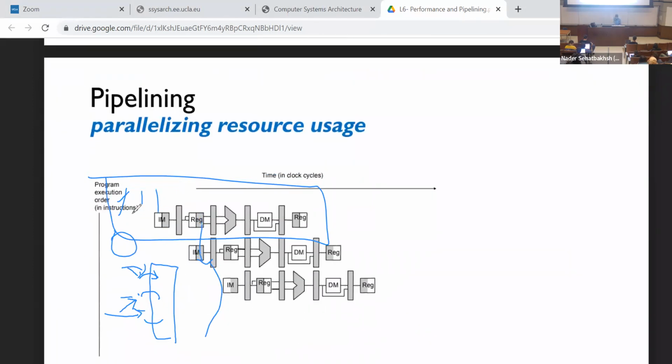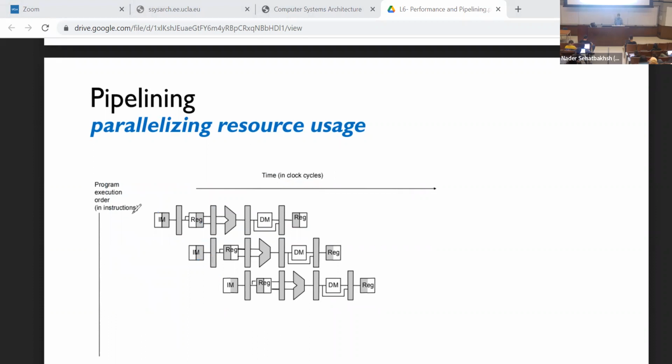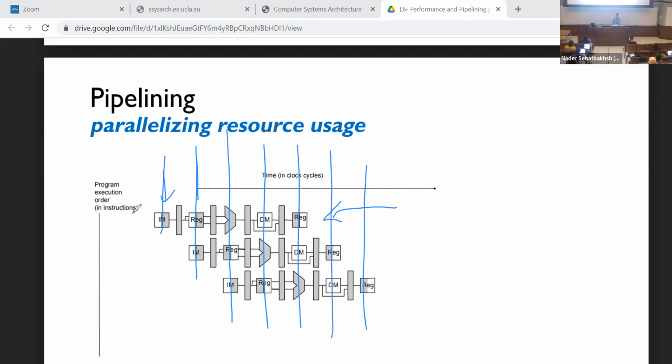So thinking about your pipeline, this is basically what we are proposing here. First of all, this is the simplified version of our design. And what I'm showing here is these are my clock cycles. So think about this as 1 clock cycle, 2 clock cycles, 3, 4, 5, 6, 7, and so forth.